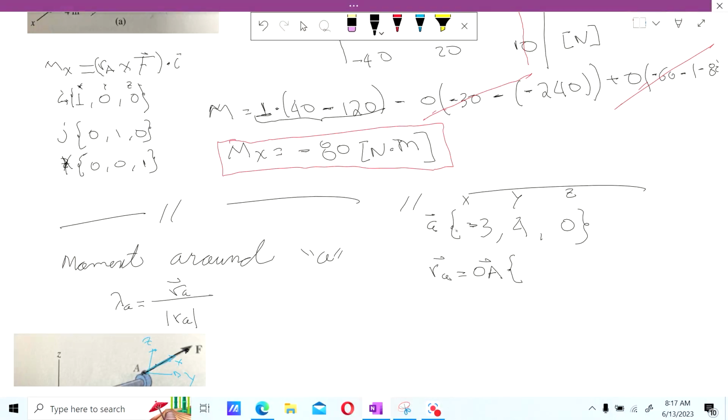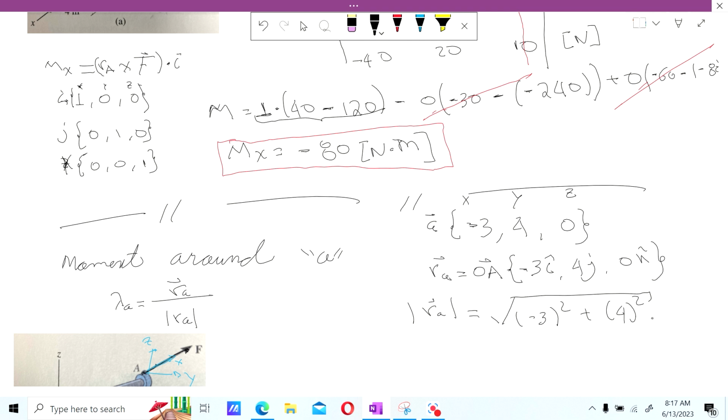So the head is at A, so it's -3 minus 0 in I, 4 minus 0 in J, and 0 minus 0 in K. So the magnitude of RA lowercase is equal to the square root of negative 3 squared plus 4 squared.